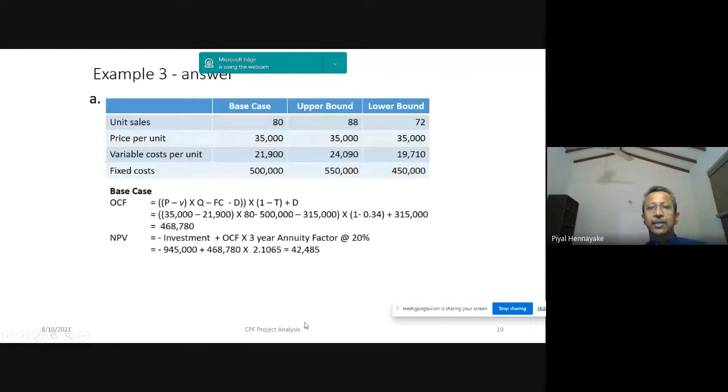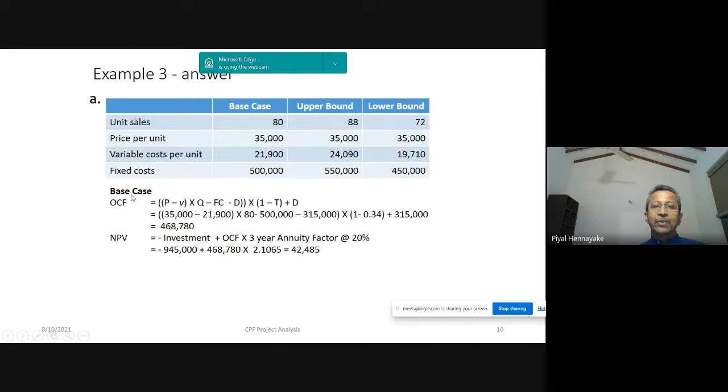Price per unit is not changing. Only unit sales, variable cost and fixed cost change. If you don't read the question carefully, you might change all the variables.